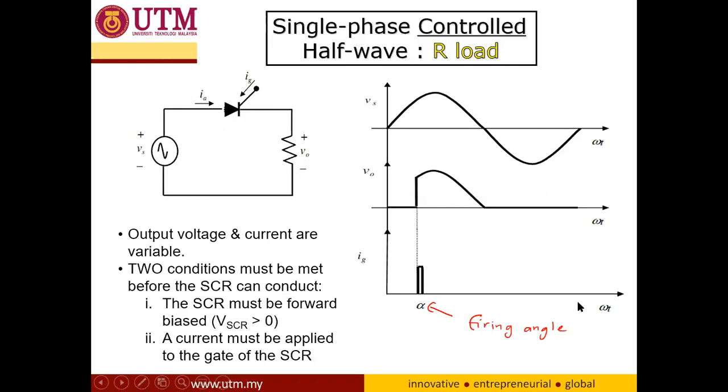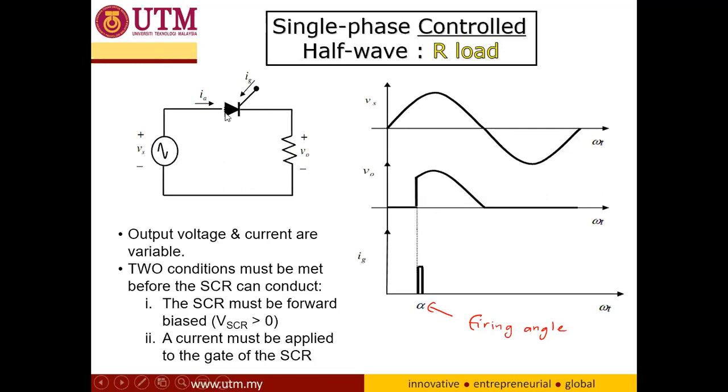So when it is triggered, the SCR is already forward biased and triggered, so the SCR will turn on and V out is connected with the V source. The V out waveform will be similar or equal to the voltage source, like this. When the source goes to the negative cycle, the SCR will be in reverse blocking.